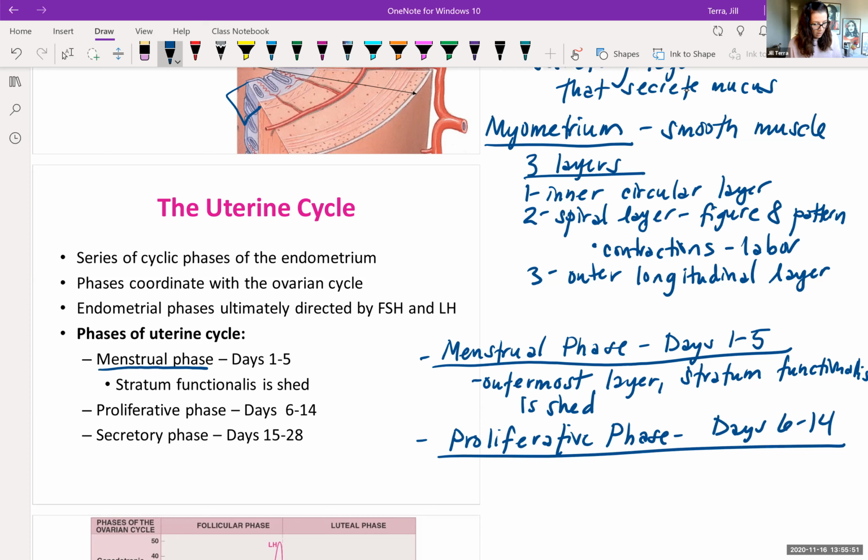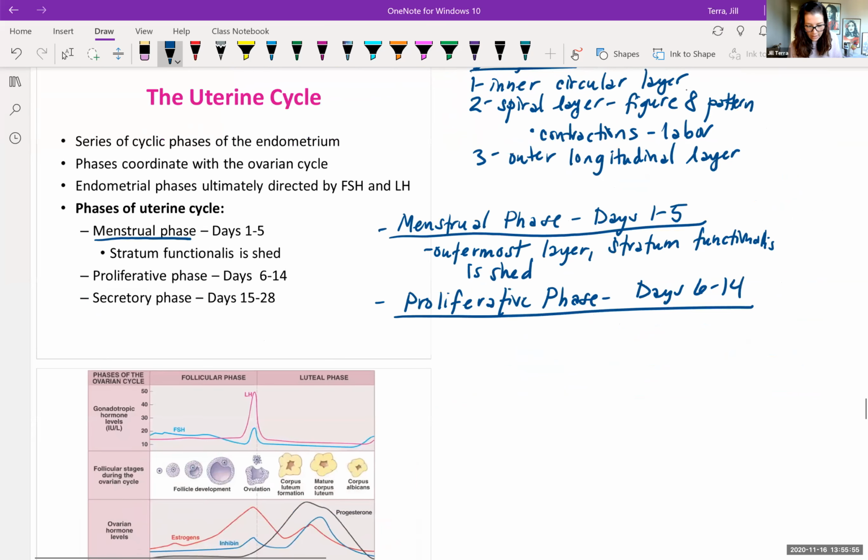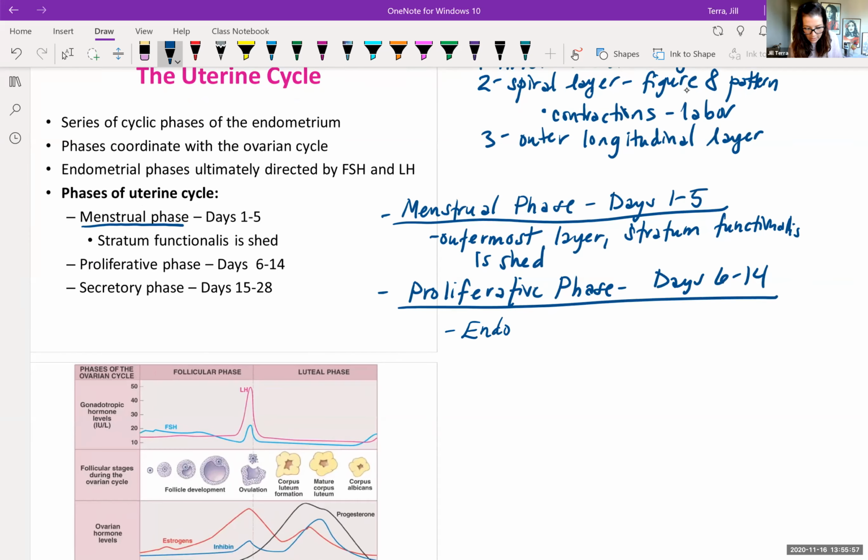It's kind of cool, I think, that the endometrium actually contains a stem cell layer called the stratum basale. Hey, this kind of sounds familiar, like skin, right?